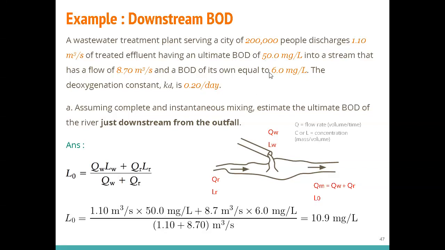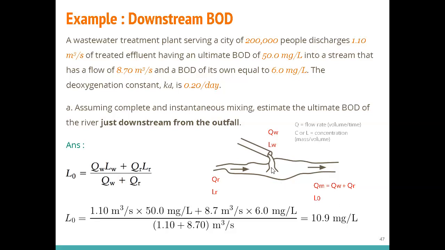You cannot just add 50 to 6 because they don't have the same volume flow rate, right? And here, for the river, it is 8.7 cubic meter per second volume flow rate, and then the biochemical oxygen demand for your river. Finally, you will get the combined biochemical oxygen demand, which is 10.9 milligram per liter.